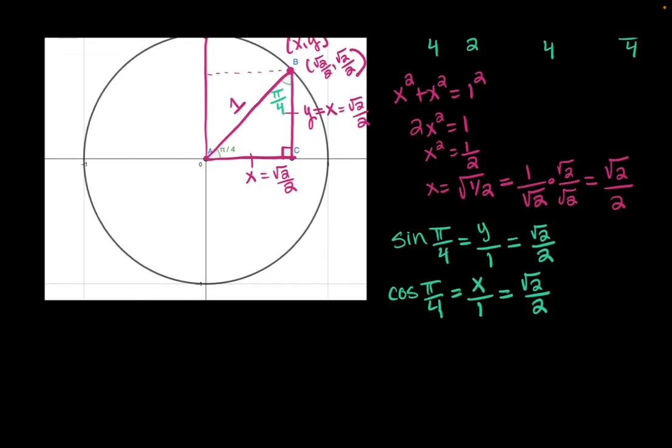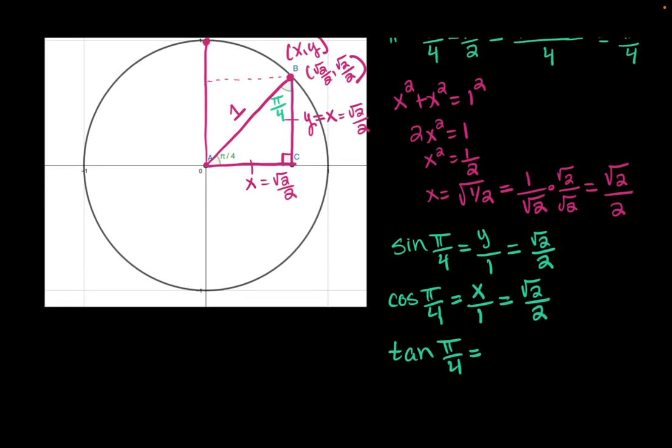And if we think about tangent, tangent of pi over 4 is equal to the opposite side over the adjacent side. That would be y over x in our case. We also see that y is equal to sine of pi over 4, and x is cosine of pi over 4.